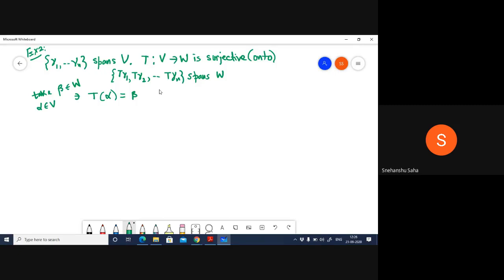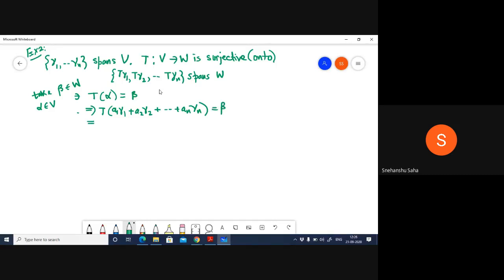Now, since gamma 1 through gamma n is a spanning list of V and alpha is a vector in that same vector space, I should be able to write alpha as a linear combination of this spanning list. In other words, I can simply write this as A1 gamma 1 plus A2 gamma 2 plus A n gamma n, and that's it.